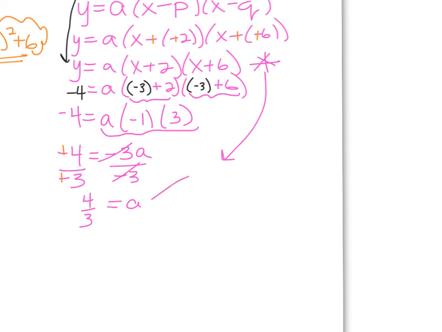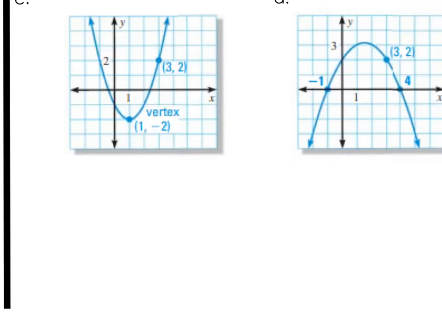So just going to combine those two together to get y equals a, which is 4/3, times the two parentheses, (x plus 2) and (x plus 6). Definitely take your time when you're trying to simplify. Make sure you plug it into the original formula carefully and write your answer in either vertex form or intercept form.